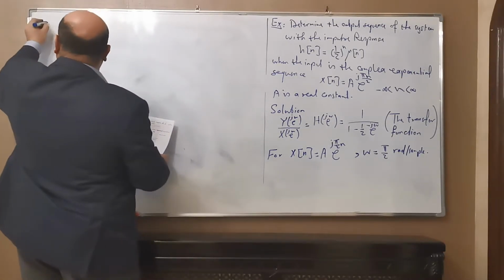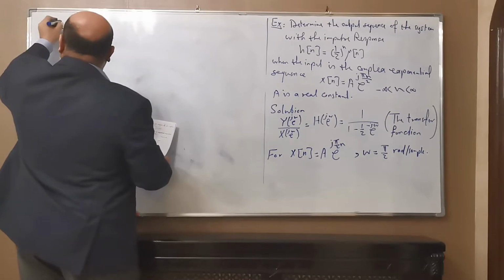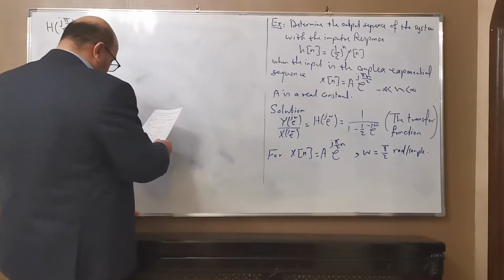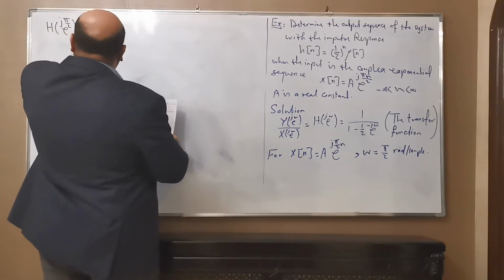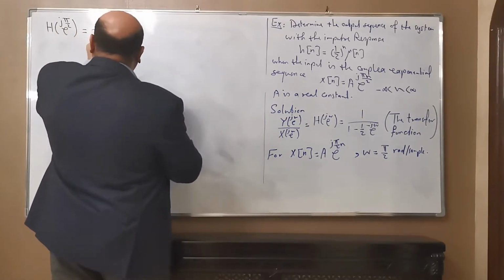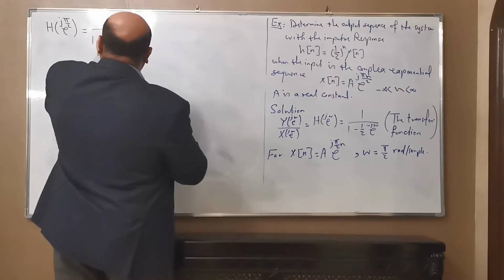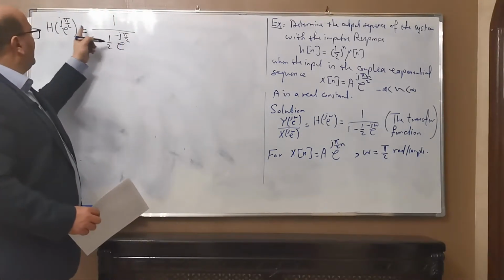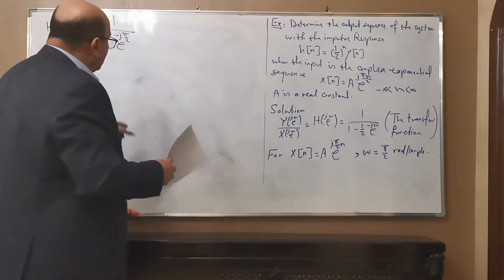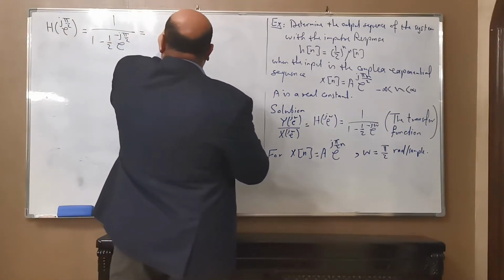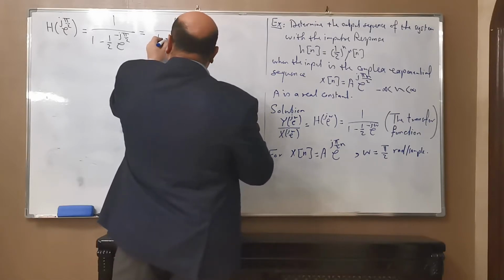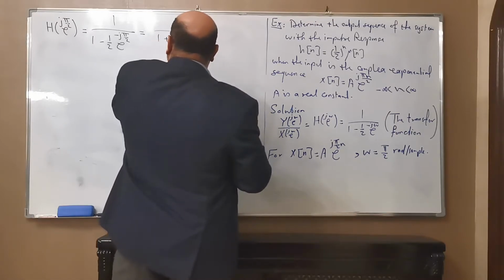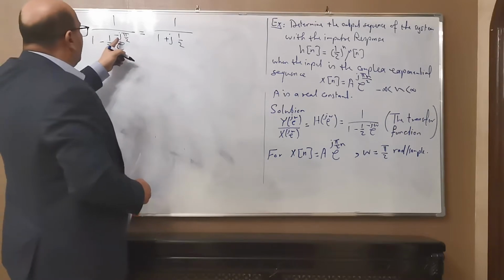So H of e^{j pi/2} is equal to 1 over 1 minus 1/2 e^{j pi/2}, so we replaced omega with pi over 2. So this equals 1 over 1 plus j 1/2 e^{-j pi/2}.